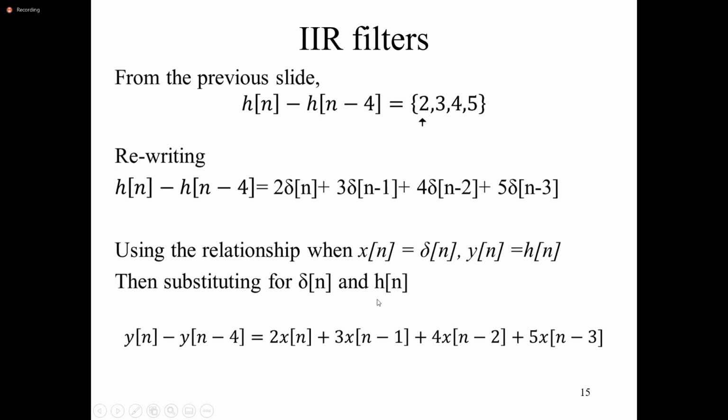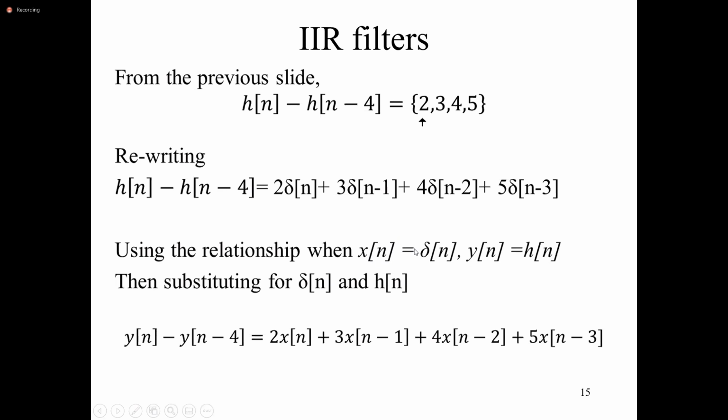So it means that if you substitute delta n for x of n, then you can substitute y of n for h of n. So think about that a bit.